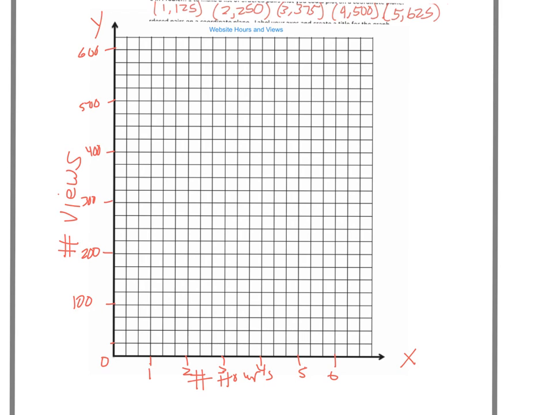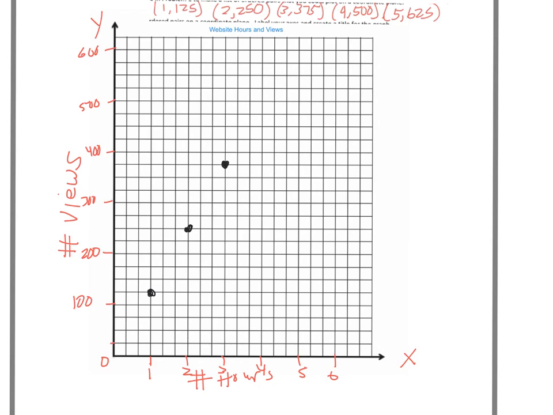So now I'm going to start graphing these. So I've got to go over 1 on the hours, and then up 125. So there's my first point right there. 2 is going to be over to 2, and then up to 250. Should be right there. 375.